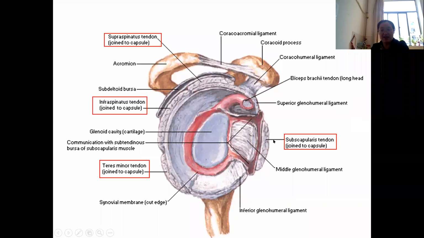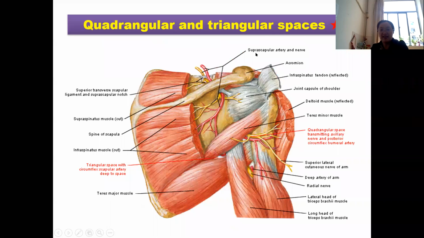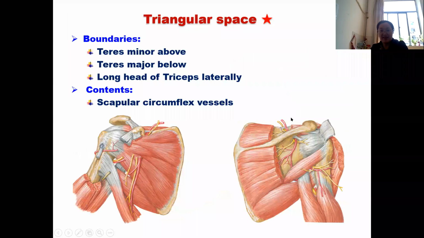So here, again, we show you the rotator cuff. Here we show you the quadrangular and triangular spaces. I already mentioned them, so we pass through quickly. Again, you know where it is located: the boundary shows the location and the contents show the significance.